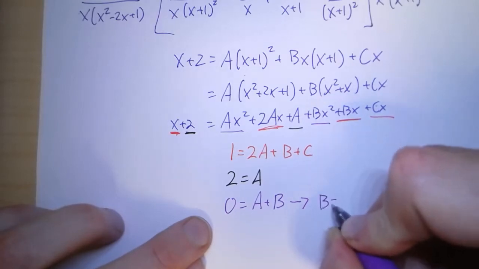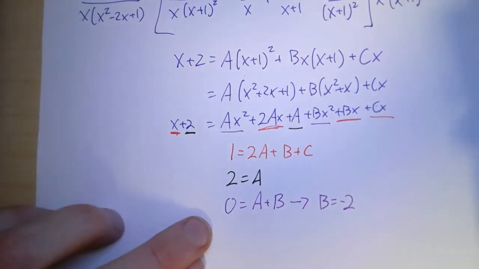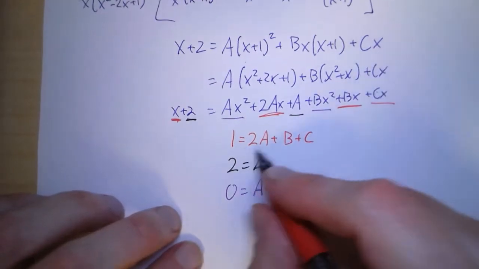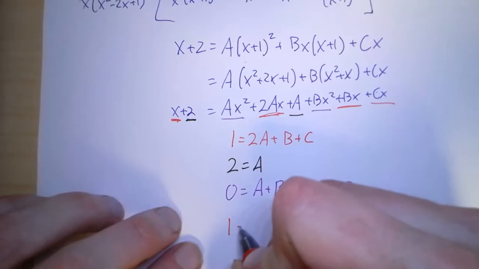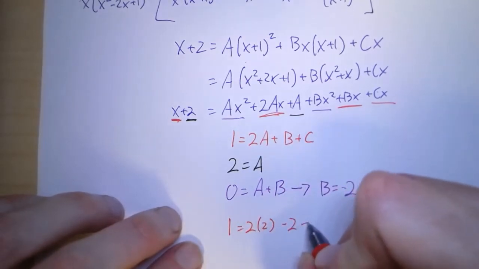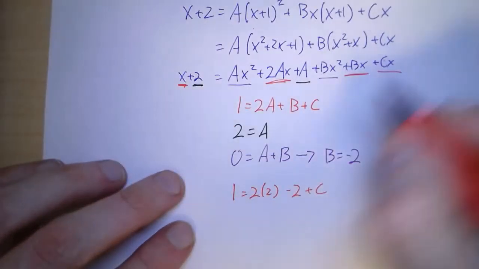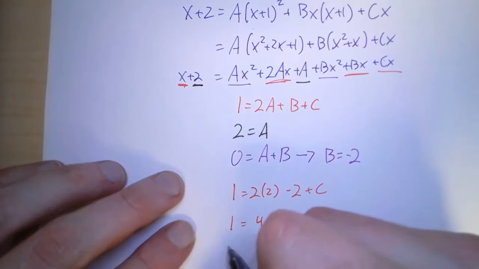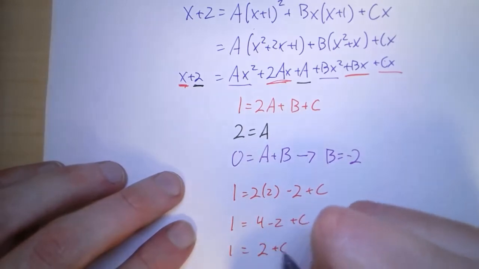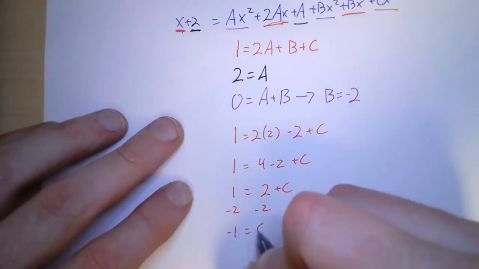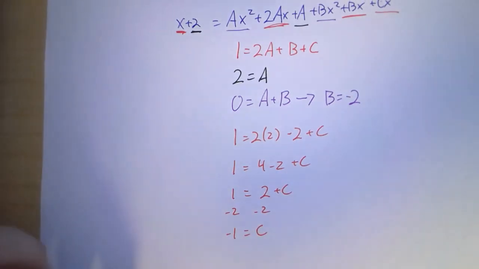So that means b has to equal -2. So all we have to do now is work out what c is. So if a is 2 and b is -2, that means we have 1 equals 4 minus 2 plus c, so 1 equals 2 plus c. So when we subtract 2, we get -1 equal to c.